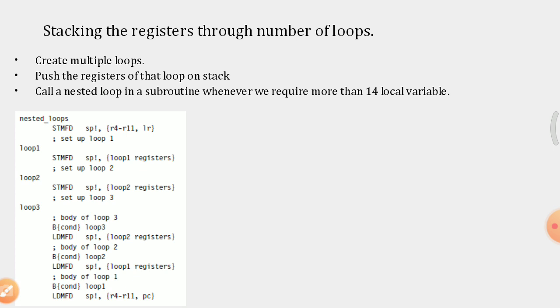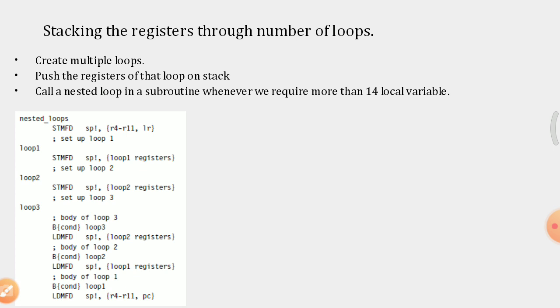And in loop 1 only, we are going to set up a loop 2 register list. We will create one more loop, loop 2, here. Again we are pushing those register lists which we have created in loop 1, so that loop 2 registers are sent into the stack memory.